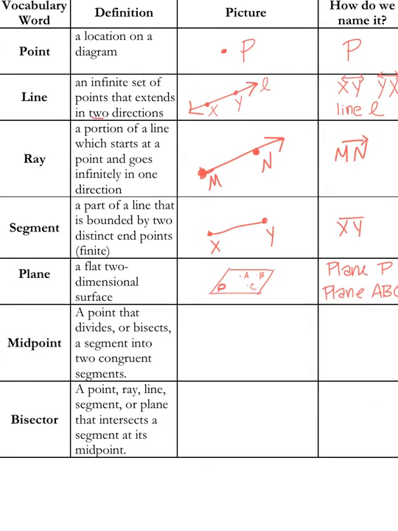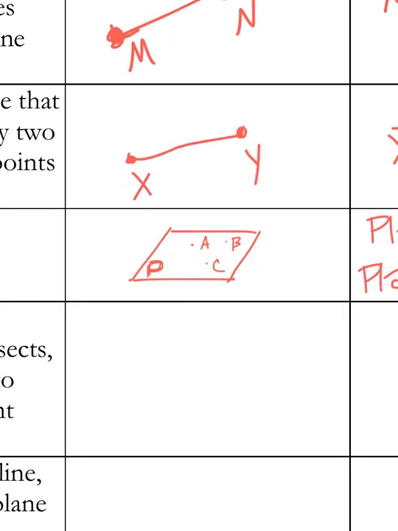A midpoint divides or bisects a segment into 2 congruent segments. So if I have a segment here, let's say it's AB, and I have a midpoint right in the middle, and I say it's M, I can put tick marks on either side because I know that it's in 2 congruent segments.